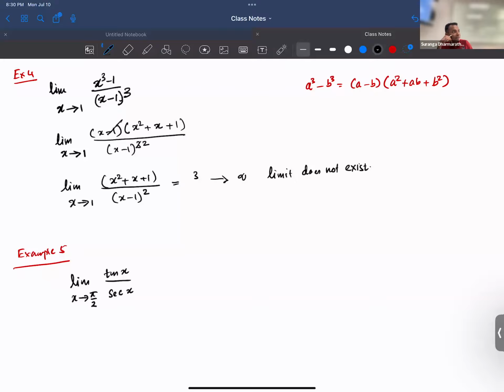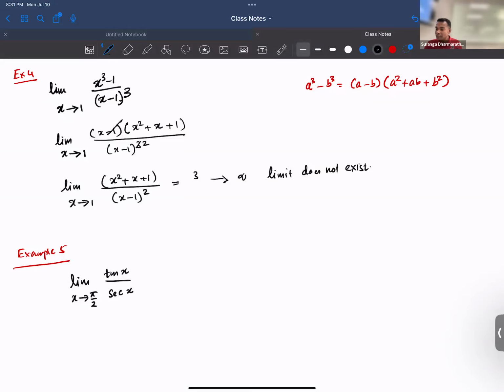And secant x, what is secant x? 1 over cosine x, right? So when cosine x goes to pi over 2, what happens? Cosine x goes to 0, but 1 over cosine x goes to infinity. So both functions go to infinity. So it's an indeterminate case.